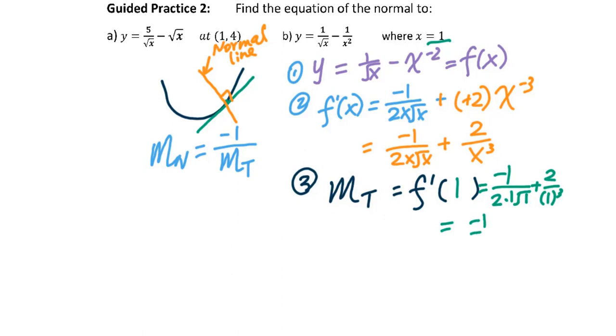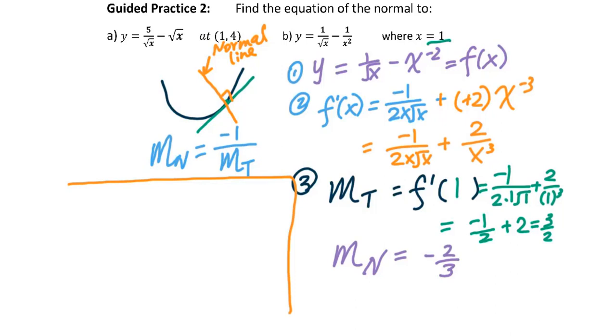Therefore, you will get negative 1/2 plus 2. You will get 3 over 2. Then we can get the slope of a normal line. That is opposite reciprocal, negative 2 over 3.